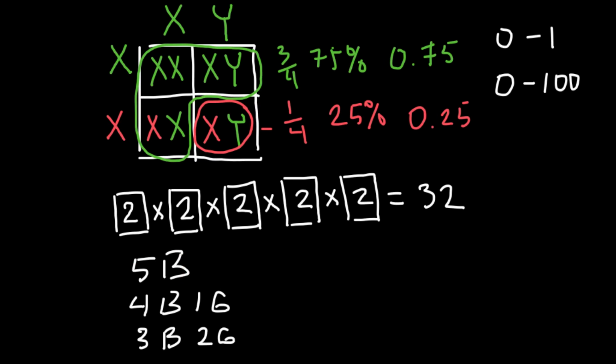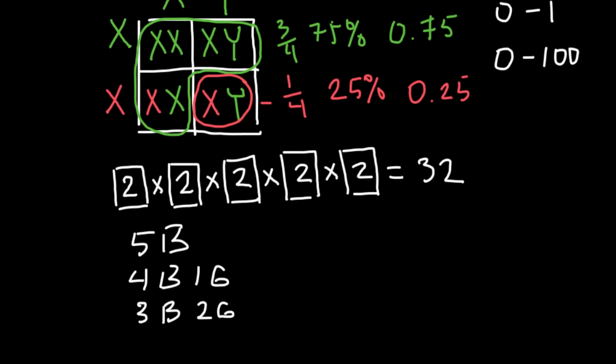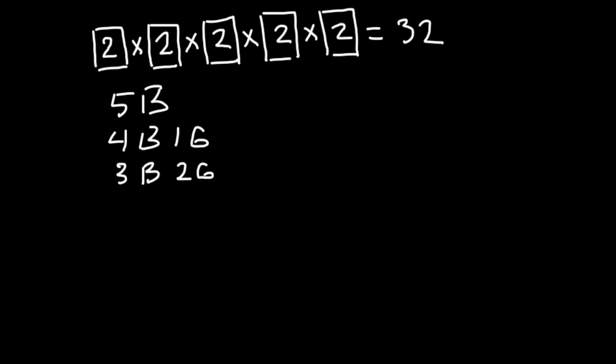So 5 children here, 5 children here, 5 children here, and another variant would be to have 2 boys and 3 girls. Yet another variant would be to have 1 boy and 4 girls. And the last variant would be to have all children be girls. So the couple would have 5 girls.